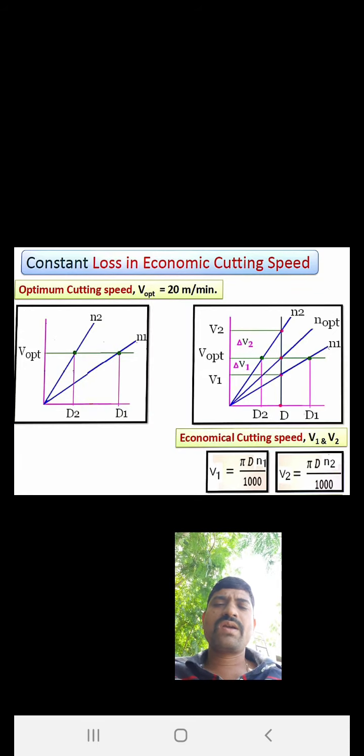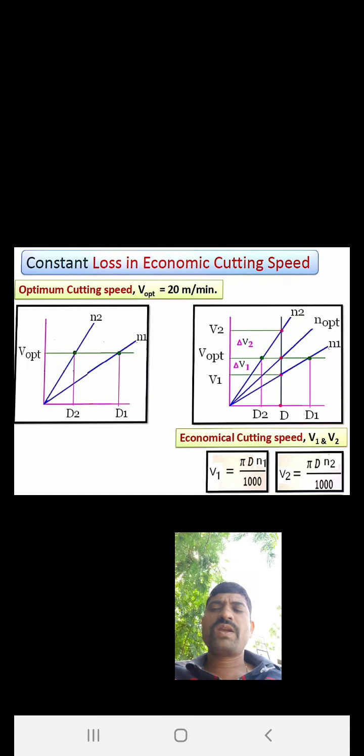Or, if you put k is equal to 1, then you will get the V1 value, V optimum as it is, and k plus 1, with k equal to 1, you will get the V2 value.